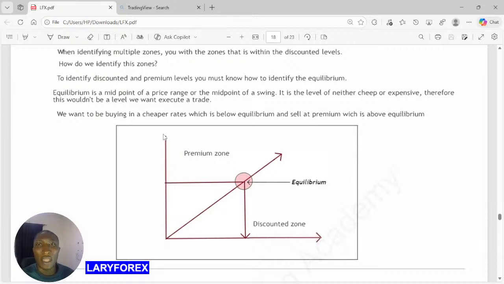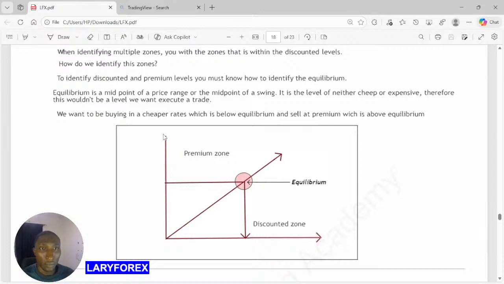Therefore, this wouldn't be a level where we want to execute a trade. We don't want to place our trade on an equilibrium level.